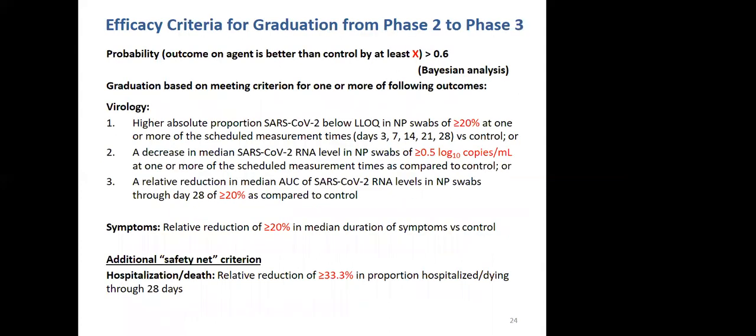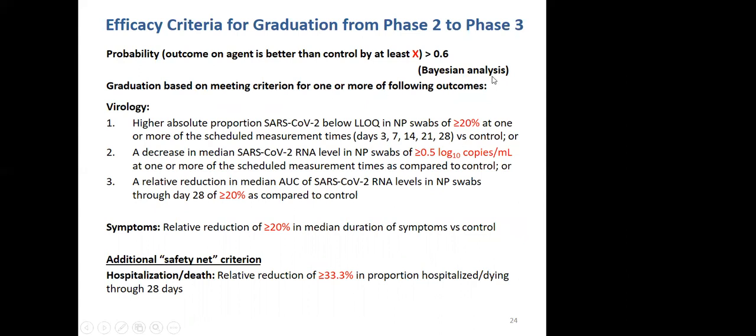So graduation criteria. This is about assessing efficacy seen on markers in phase 2 and trying to decide whether to graduate or take an agent forward into phase 3. And our approach, again, in complete absence of any knowledge about the interrelationship between these markers and hospitalization or death, was a sort of stab in the dark.